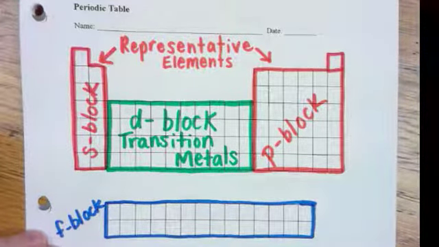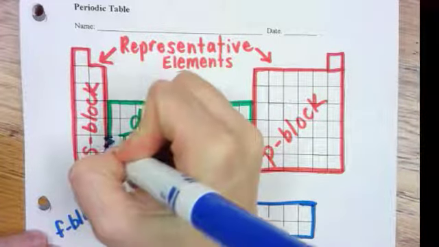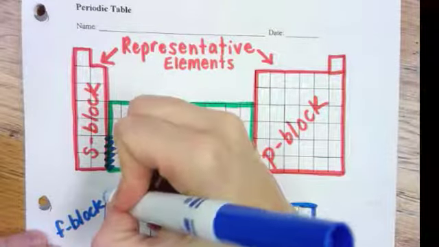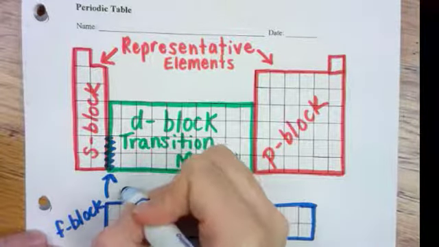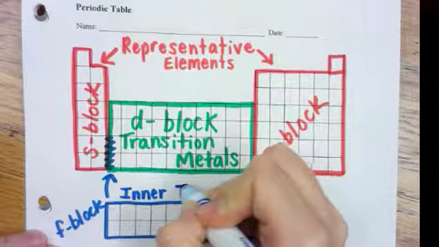Remember, when we talked about electron configurations, we said that the F block elements are actually found in between the S and the D block. But most of the time, they're shown down below due to paper size. The F block elements are known as the inner transition metals.